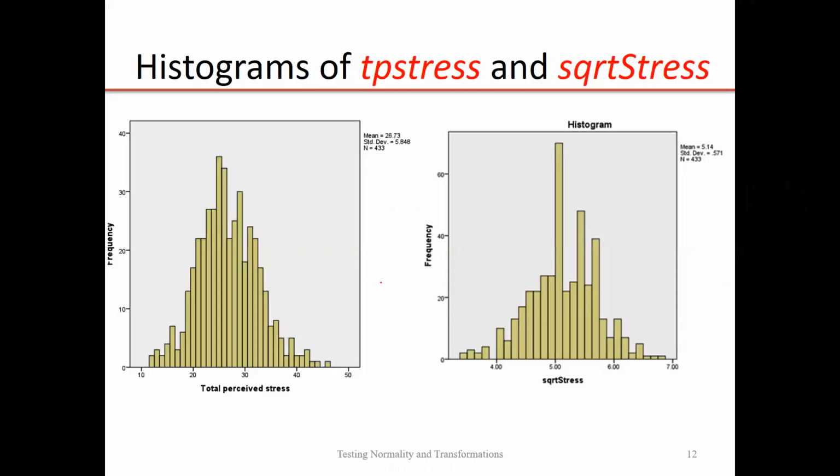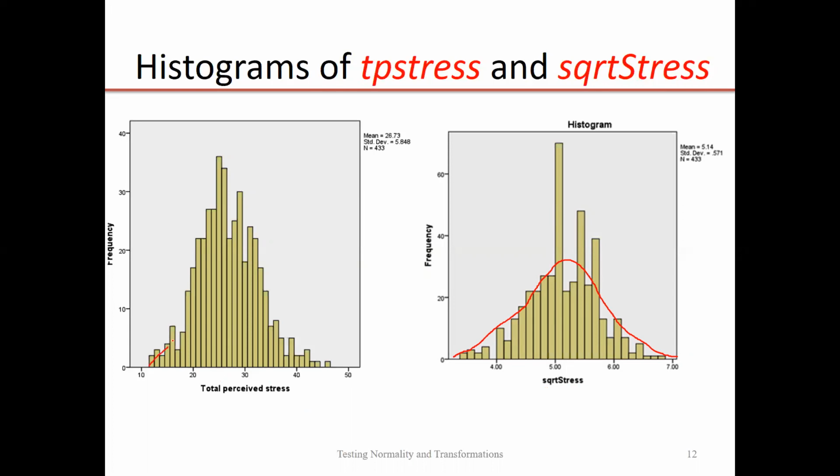Here we can see the histogram of total perceived stress and the histogram of square root of stress. If I exclude these elements, it is closer to normal as compared to the actual graph.